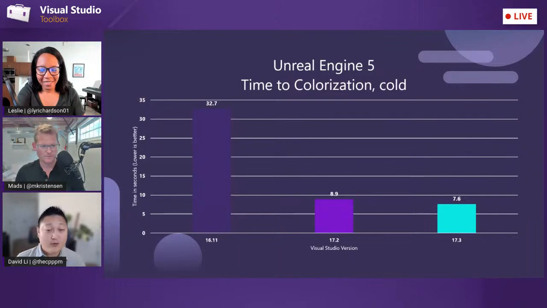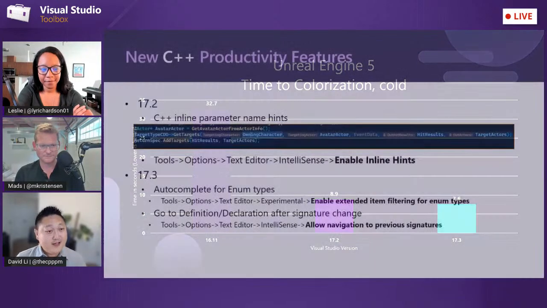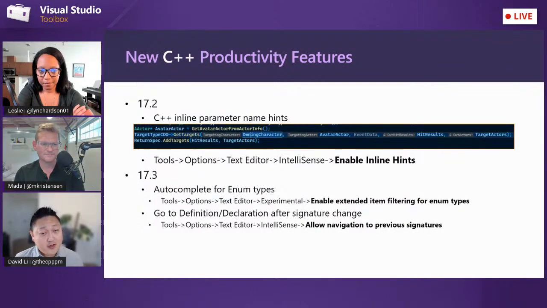So now moving away from perf, this time we have quite a few productivity features actually requested by our game developer community. Something that has been in Visual Studio for a little while, that was available in 17.2, was the C++ inline parameter name hints. As you can see in this little screenshot of an Unreal Engine project, instead of just showing what your parameters are, it gives you a hint of what the function is expecting.